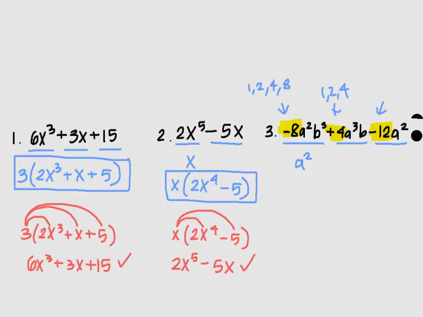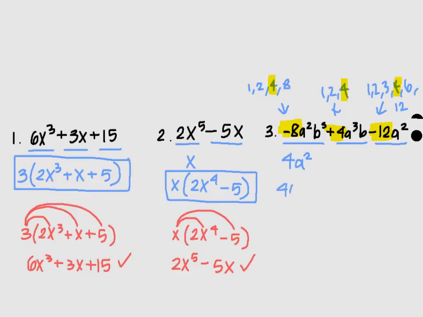In the number 12, factors 1, 2, 3, 4, 6, and 12. So again, the greatest factor that exists amongst all three of those terms is the number 4, meaning that we can factor out a 4. So our greatest common factor is 4a squared.